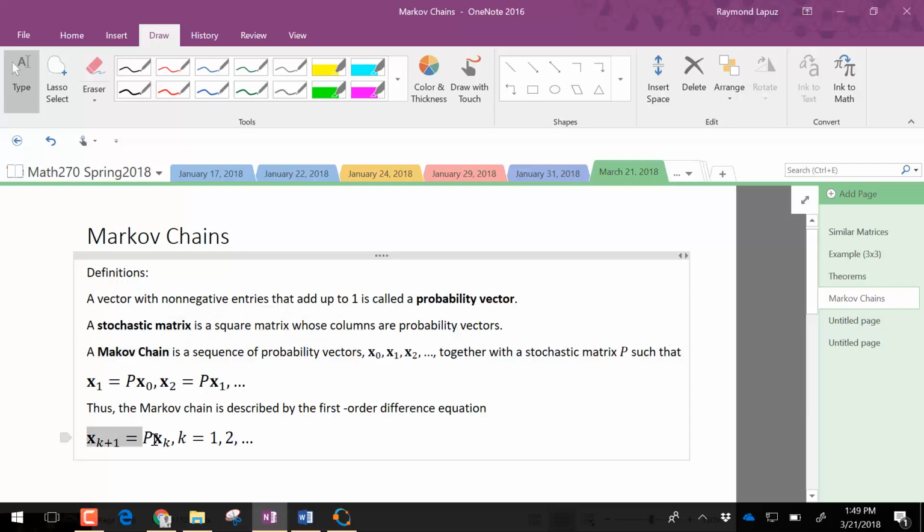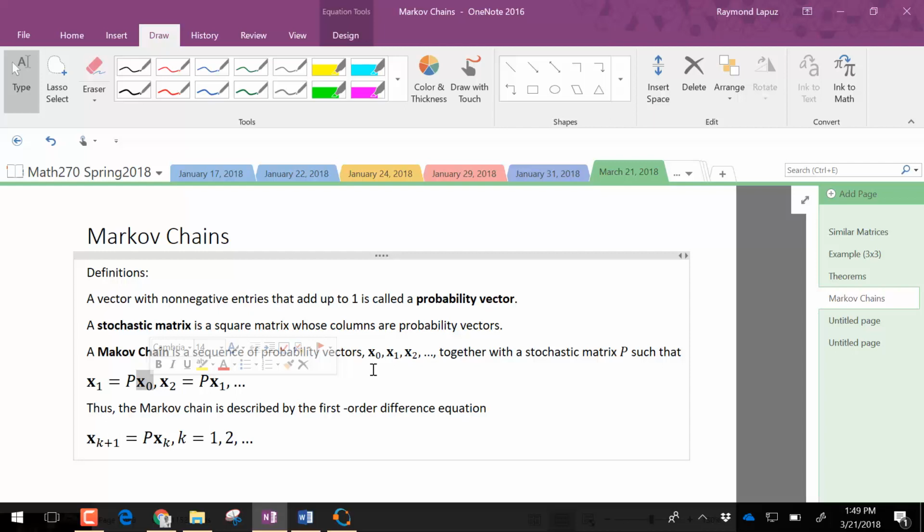So a Markov chain is more compactly defined as what they call a difference equation here. To get the next element in the chain, you take the last element in the chain and apply it to the matrix P, the stochastic matrix. x0 would just be an initial starting point vector, a probability vector.